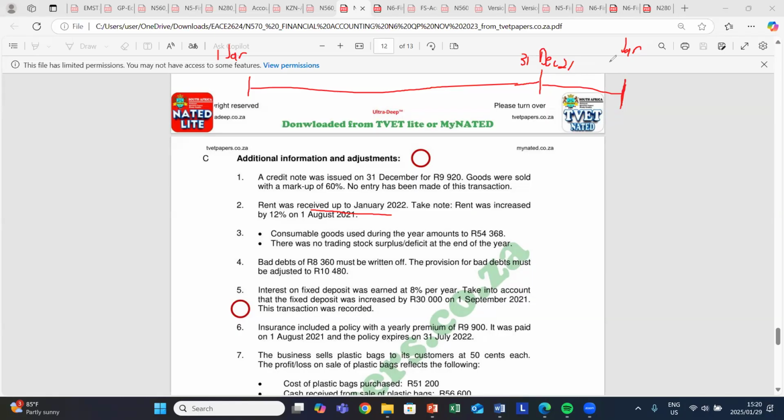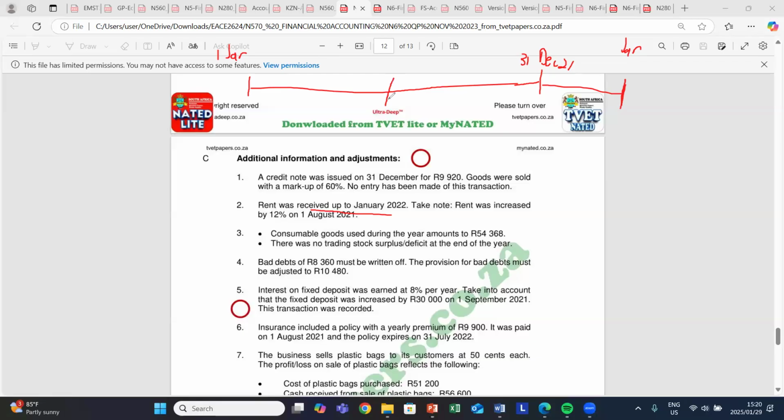So what are we going to do there? You'll have to calculate the rent for January, and also in your income statement, you will have to minus it. We received our rent for 13 months. And also the transaction says that rent was increased by 12% on the 1st of August, somewhere during our year.